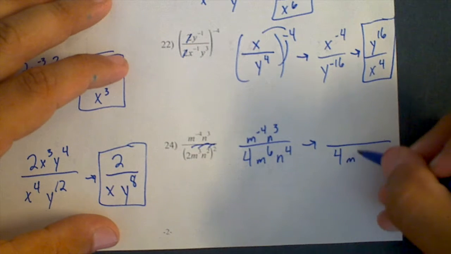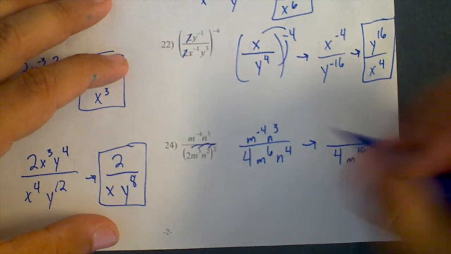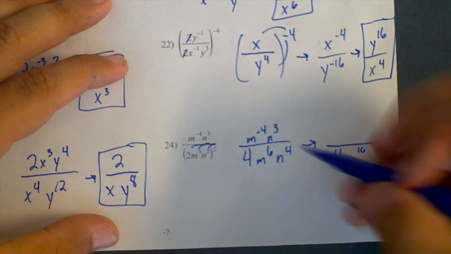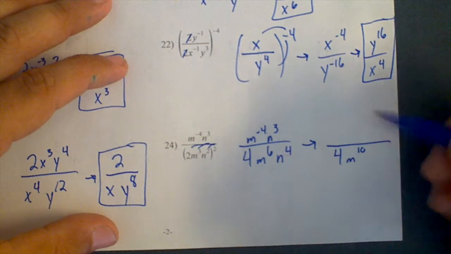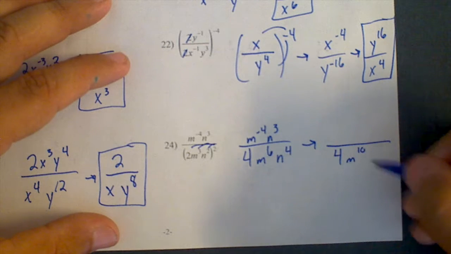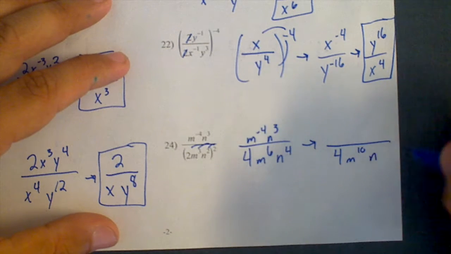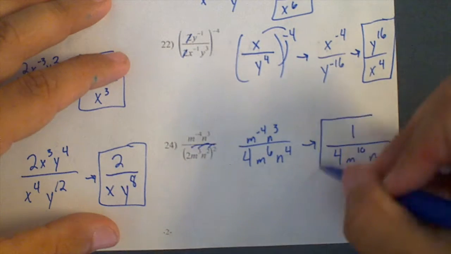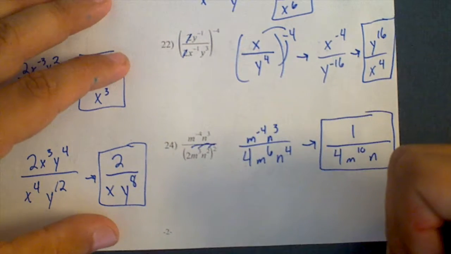So now I have a total of 10 m's on bottom. Notice when I combine the n's, there's 4 on bottom, 3 on top. Keep the base, subtract the exponent. 4 minus 3 is 1. And there were more n's on bottom, so it stays right there. Nothing left on top, so I'll put a 1 as a placeholder there.